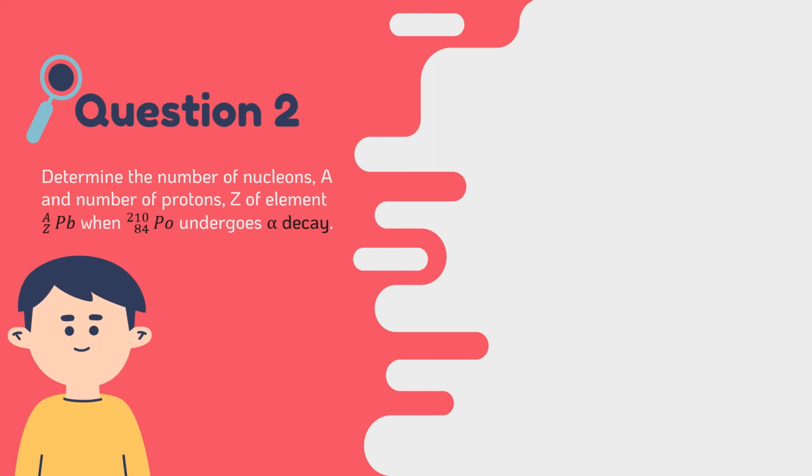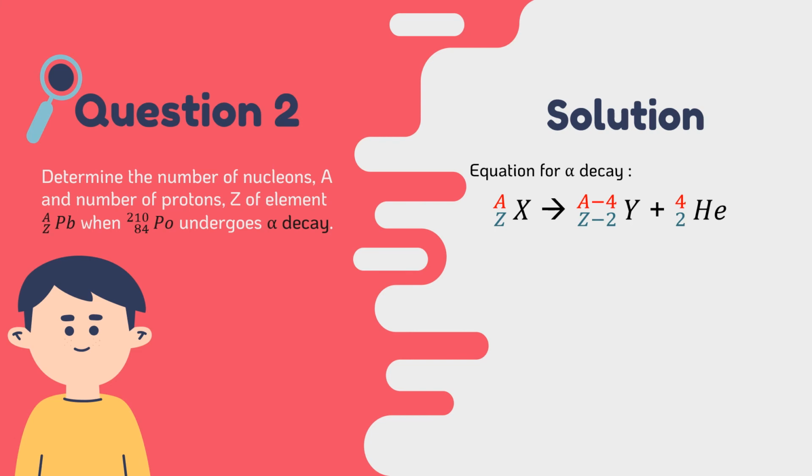As you can see, the parent nucleus is polonium-210 and the daughter nucleus is lead, Pb, and it will emit an alpha particle since it undergoes alpha decay. As for the solution, we will be using the equation for alpha decay. X will decay into Y plus helium-4.